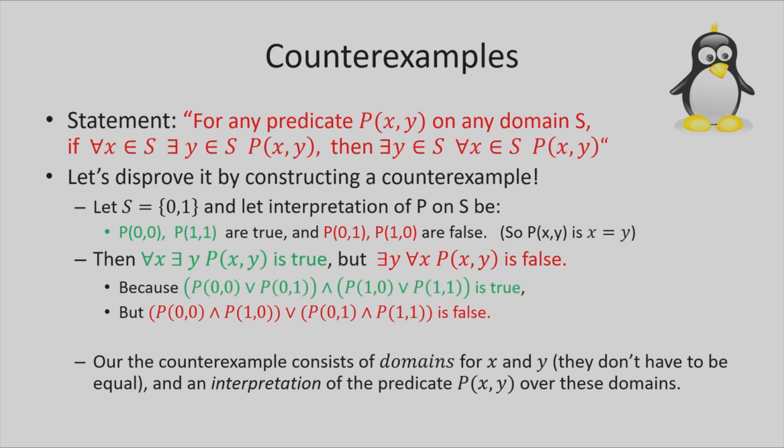So for example, we could say no matter what the predicate P of x, y is, no matter what domain S its inputs x and y are defined on, if for every x in S there exists y in S such that P of x, y, then it must hold that there exists y in S such that for all x in S, P of x, y.